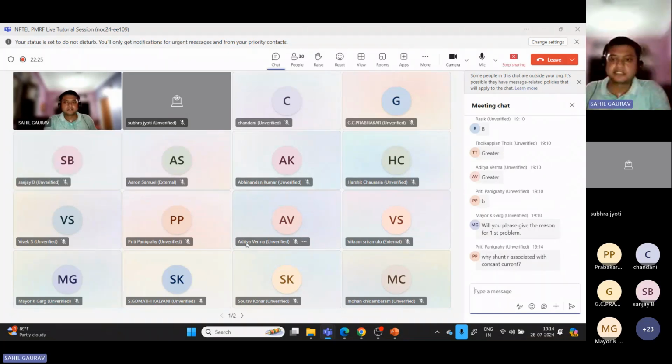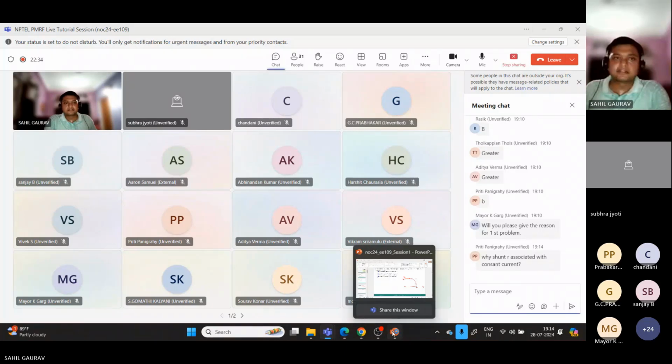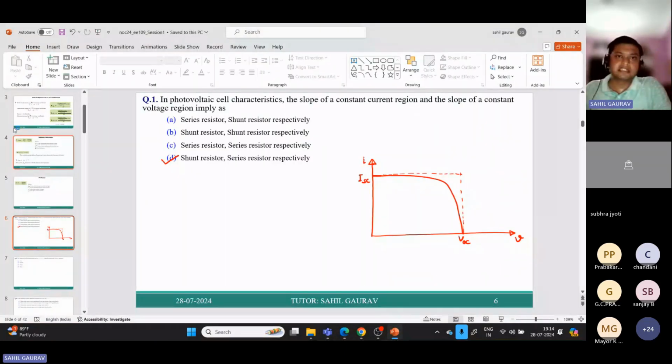Okay, why is the shunt resistor usually for constant current? You can refer to the class lectures for the detailed analysis. So let us come to the next problem.